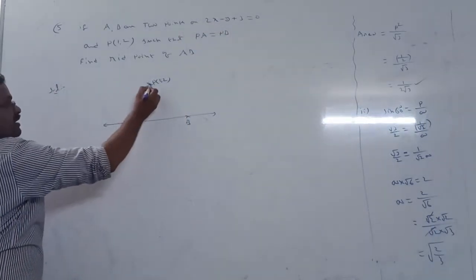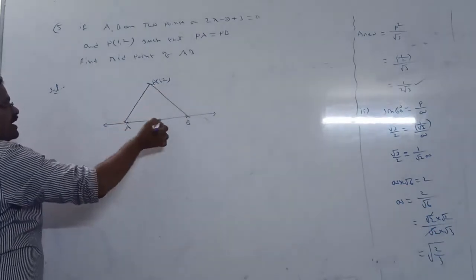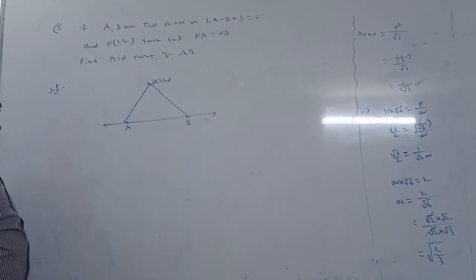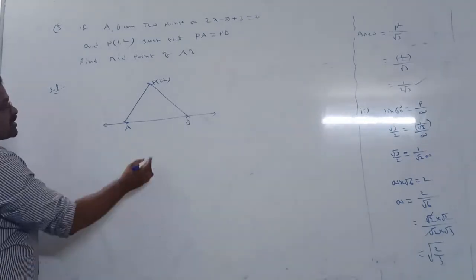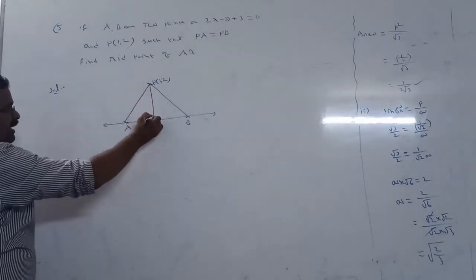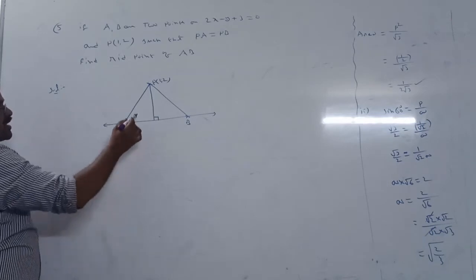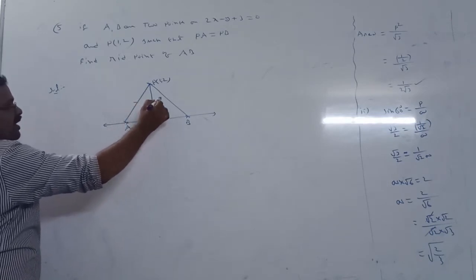They have given PA equal to PB. Obviously PAB is an isosceles triangle. In an isosceles triangle, the perpendicular drawn from P is nothing but the altitude. These two sides are equal.